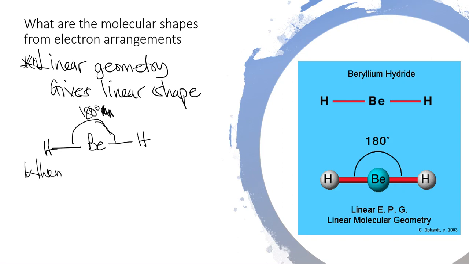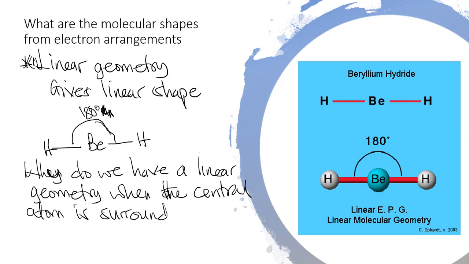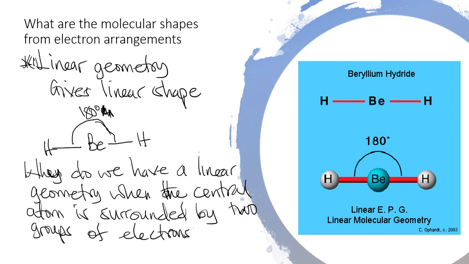So why do we have a linear geometry when the central atom is surrounded by 2 groups of electrons? So that's a good question.